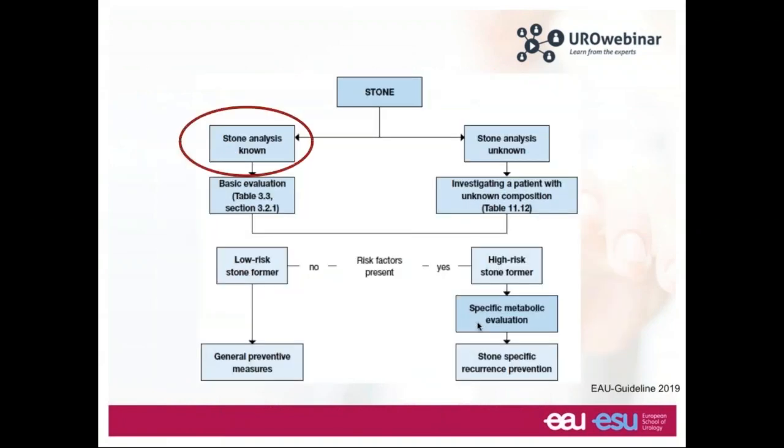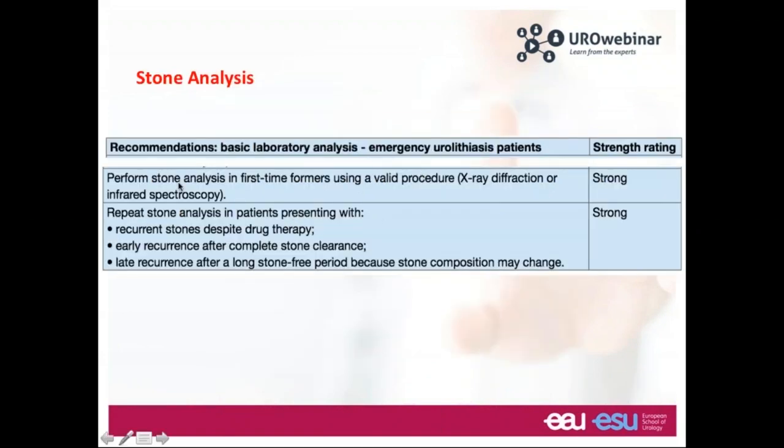If you have operated on a patient and you know the type of the stone because you sent it, then you have to send it, as I said, for analysis. And how do we do it? Perform the stone analysis. In all first-time stone formers, this should be a must. As I said, we are able to have it in approximately 70% of our patients.